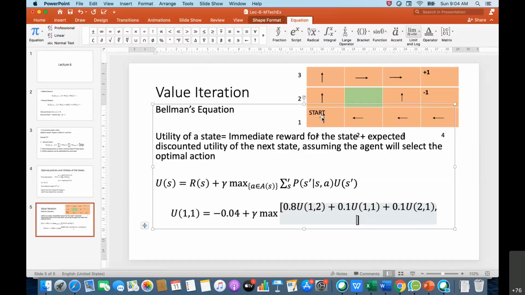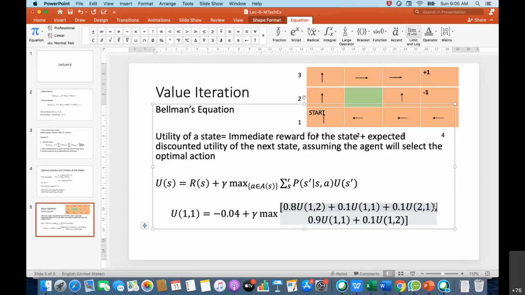Therefore, for intended action left, this is going to be the utility, with 0.1 of being there in 1 1.